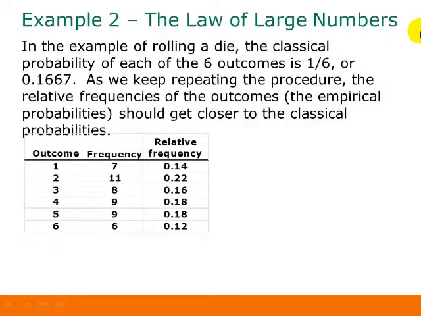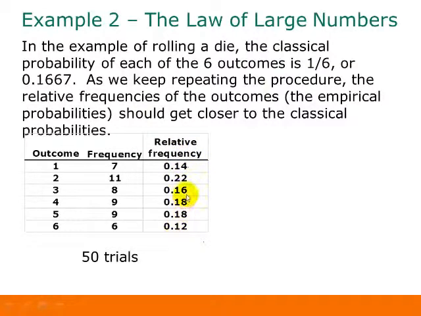So here are some results. If somebody actually went out and did this, here's an example of what they might have come up with. So for each of the 6 outcomes, we have the frequency listed, how many times that particular number came up on the die, and then we have our relative frequencies here.